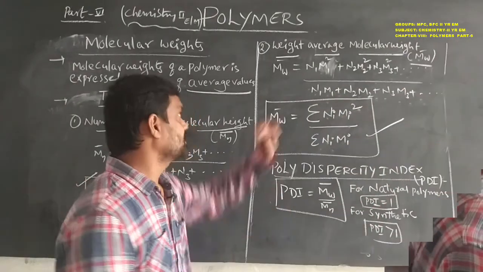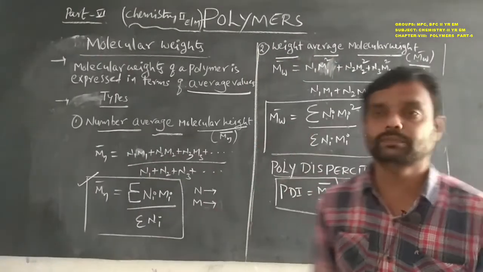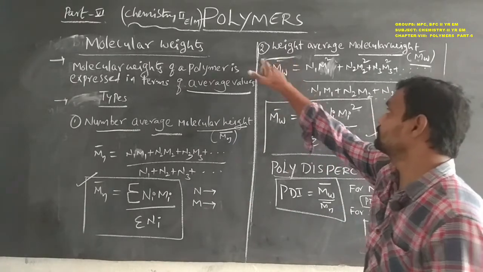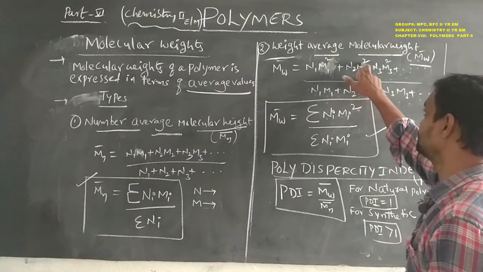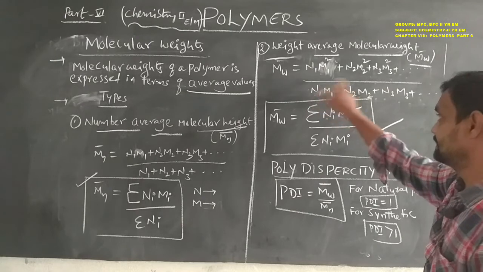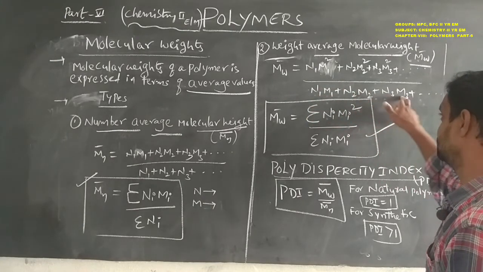Then the second method is the weight average molecular weight, Mw bar. Similar to Mn bar, Mw bar is equal to N1 M1 squared plus N2 M2 squared plus N3 M3 squared and so on, divided by N1 M1 plus N2 M2 plus N3 M3.